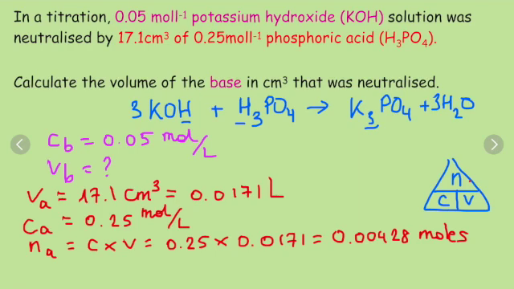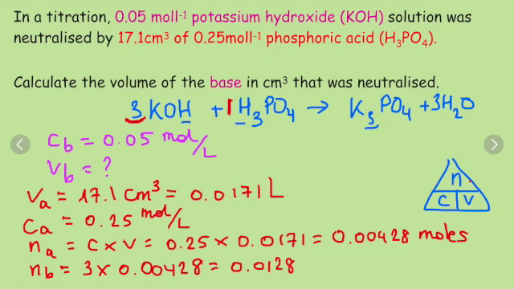And we know that 1 mole of acid needs 3 times the moles of base. So the moles of base are going to be 3 times the moles of acid. So that is 0.0128 moles.